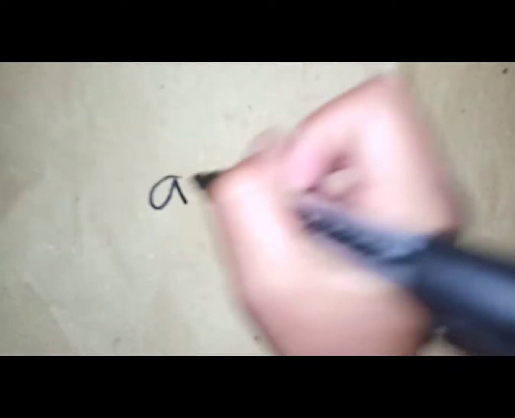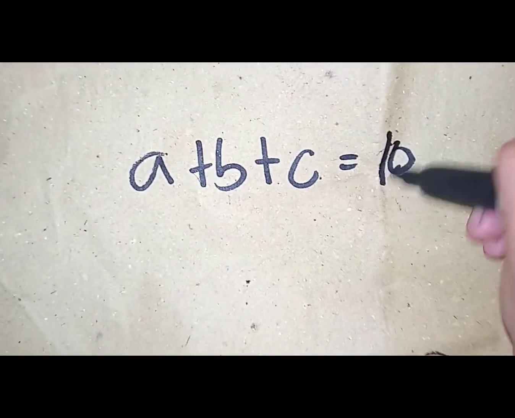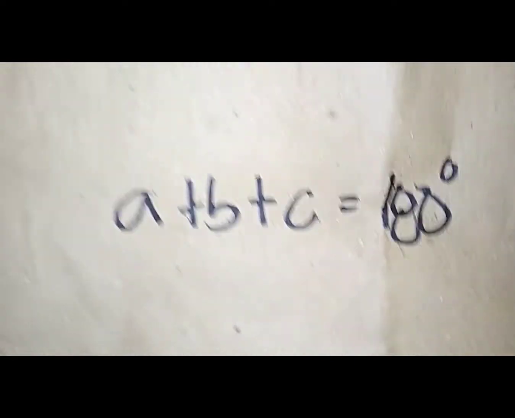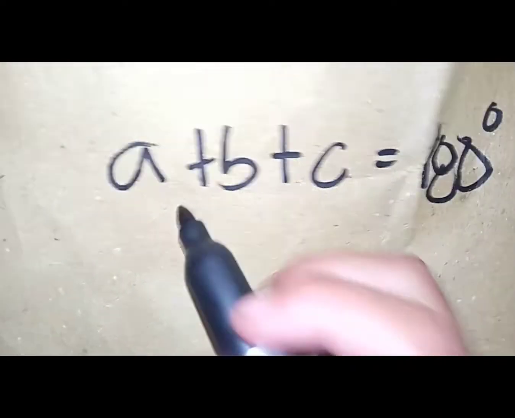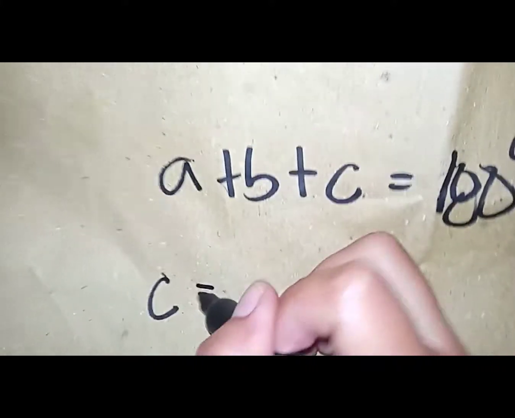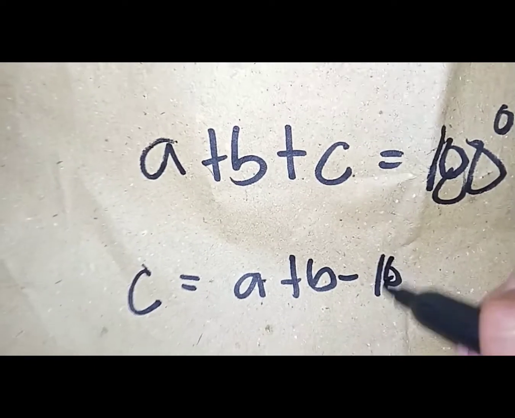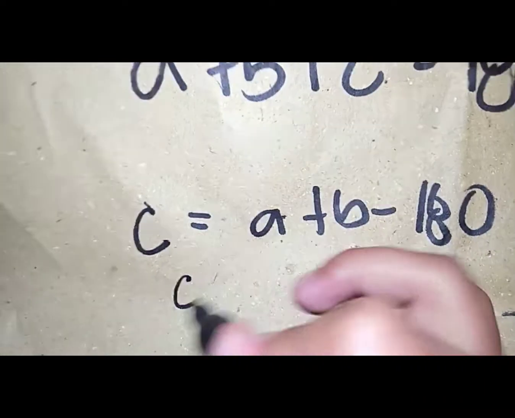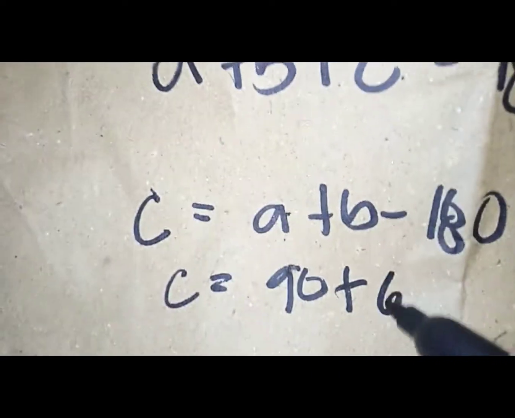So, A plus B plus C is equal to 180 degrees. Since the missing angle is the angle C, C is equal to 180 minus A plus B. So C is equal to 180 minus 90 plus 63.